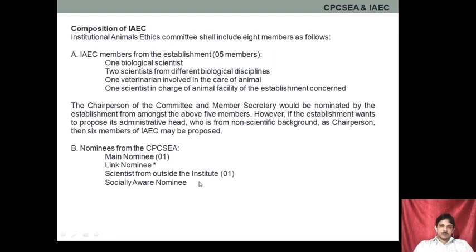So here, 5, 6, 7, 8, 9, the total is actually 9 members. The link nominee is given in case of absence of the main nominee, but nowadays these 4 and 5, a total of 9 members, are included in the IAEC. Of course, if the chairman is from a non-scientific background, then the committee will have 10 members. So this is the composition of the IAEC.